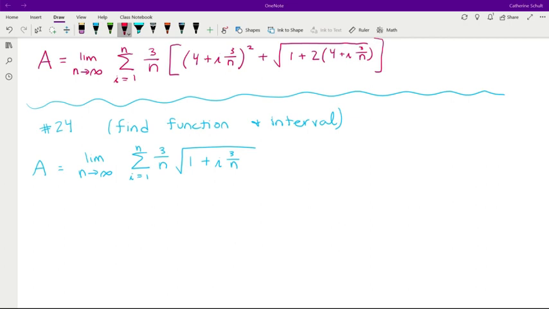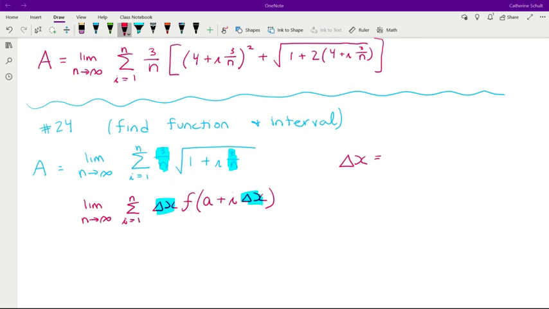We know that the area is expressed as the limit of the sum, for Rn of course, of delta x times f of a plus i delta x. Okay, and I'm doing this just so we can match some things up. All right, so we can definitely see where the delta x is because it happens there and there. Okay, so we know that delta x is 3 over n.